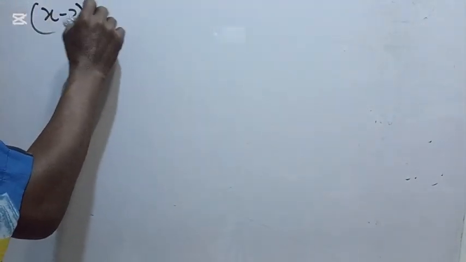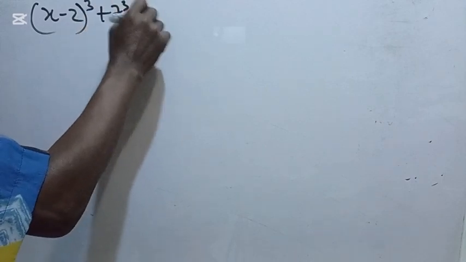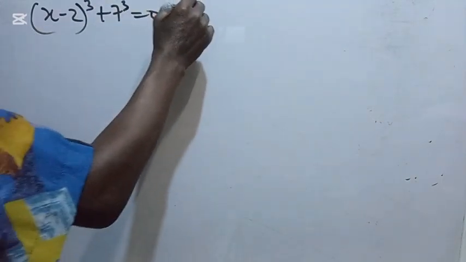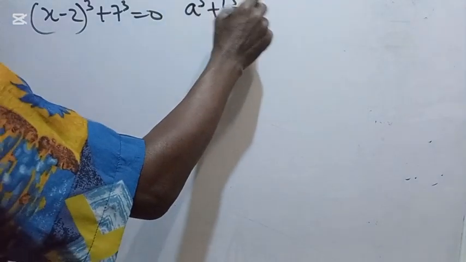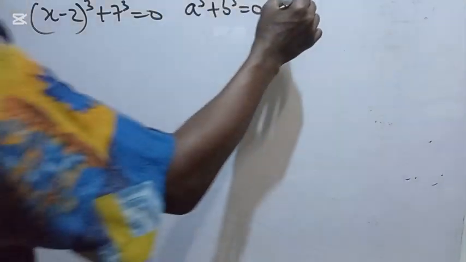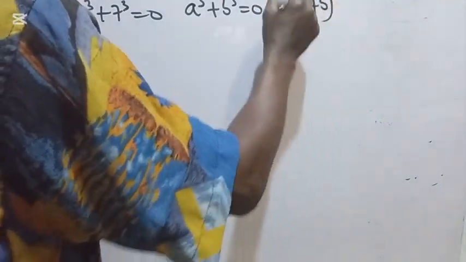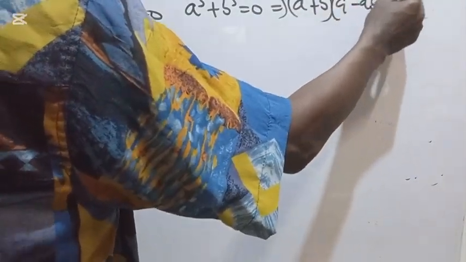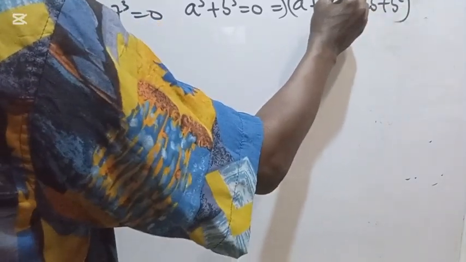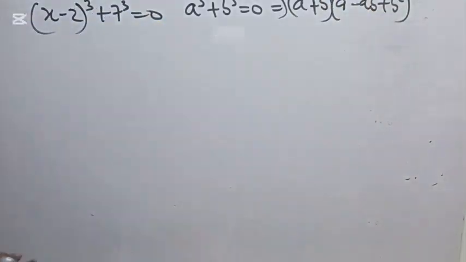Okay, now recall this. To solve the second part of the equation, (x minus 2) raised to power 3 plus 7 raised to power 3 equals 0. You can relate it to a cubed plus b cubed equals 0, which factorizes as (a plus b) into (a squared minus ab plus b squared). That is the factorization of this expression.